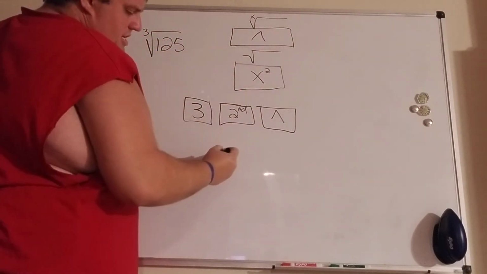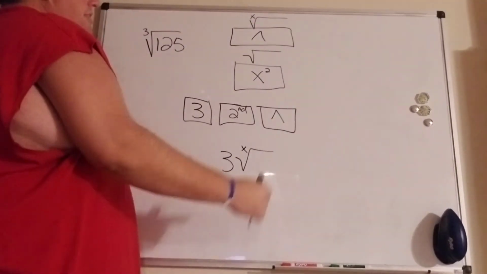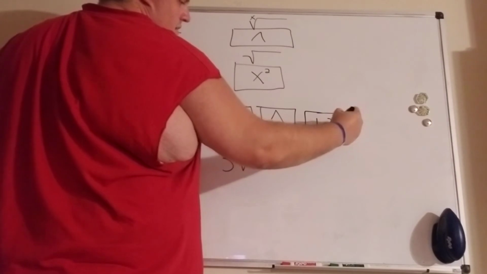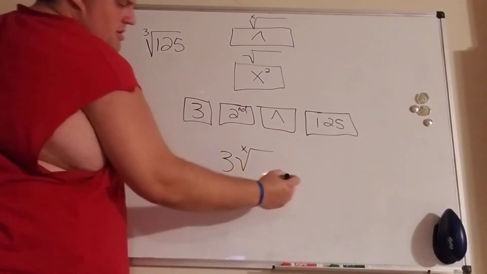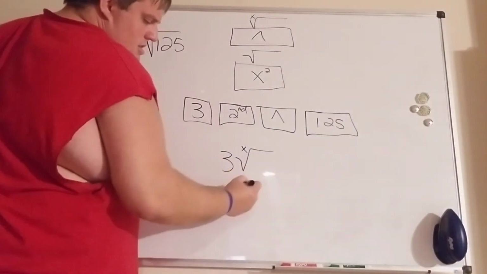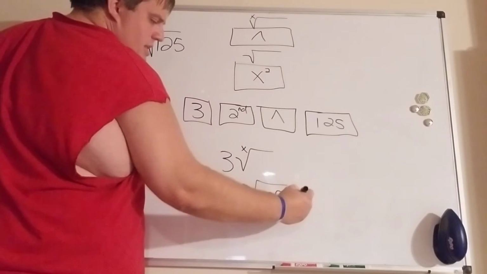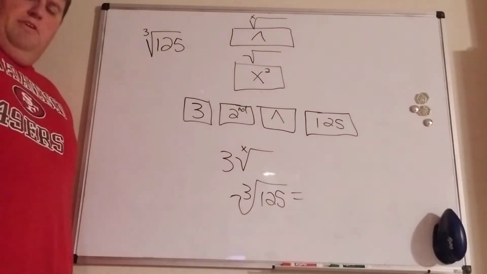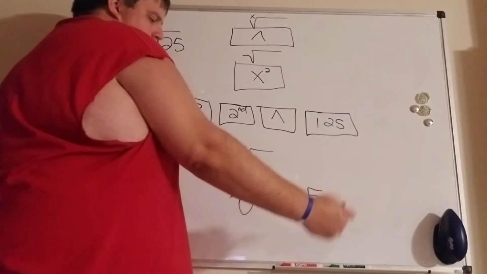So your screen's going to have a 3 and then an x root, like that. Then you can type in whatever number you want. So 125. Hit enter, and it should give you the cube root of 125. Go ahead and try it in your calculator and see if you can get the answer, which should be 5.